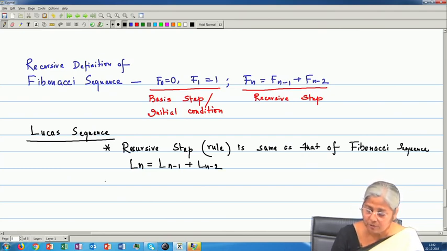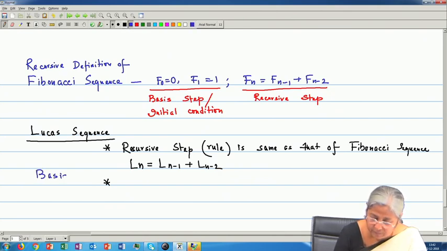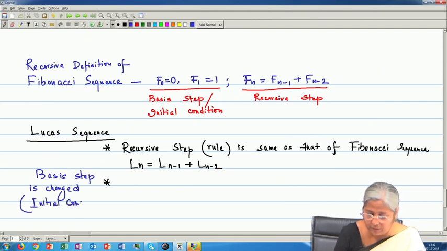But we change the basis step; I should say the initial conditions are changed.